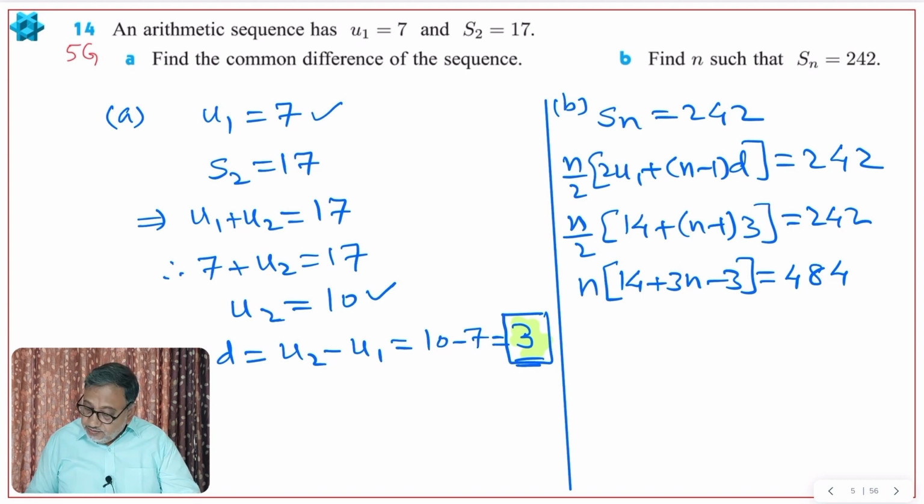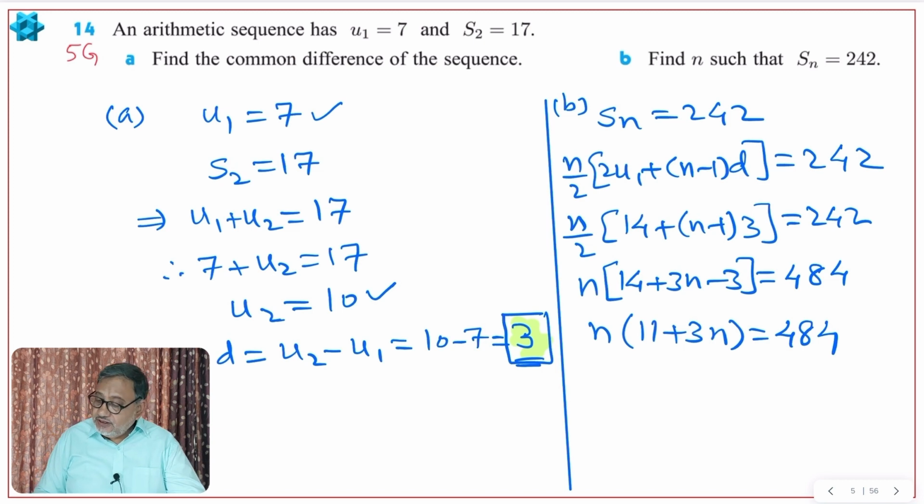So x into bracket 14 minus 3, which is 11, plus 3x, inside the bracket, equals 484. Press enter and you get the answer, right? The answer is 11. Of course a fraction cannot be the answer, so n is equal to 11. We have to write here using GDC.